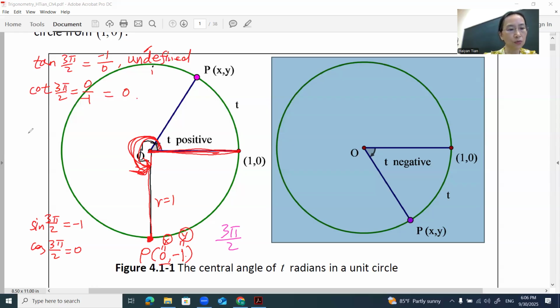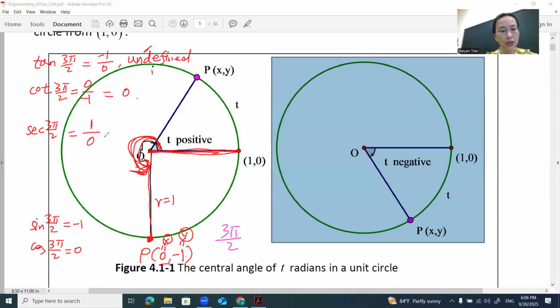Then still two more functions. That is secant. Secant 3 pi over 2. Then we need to use r over x. R is 1, the unit circle, over x. X is 0, undefined.